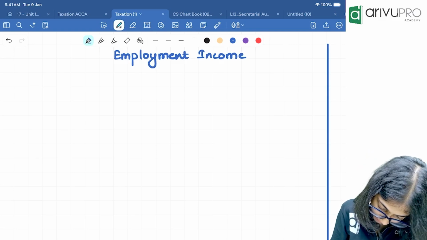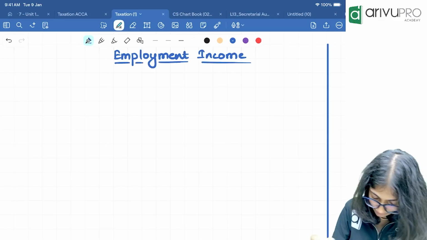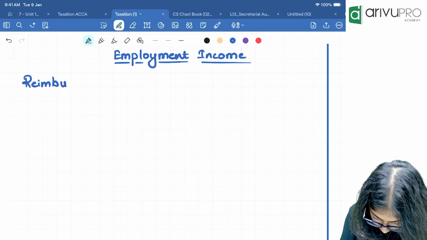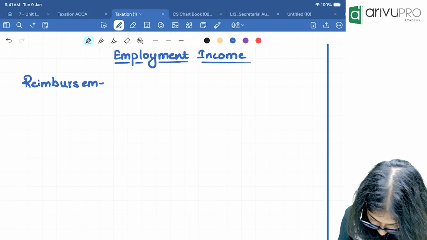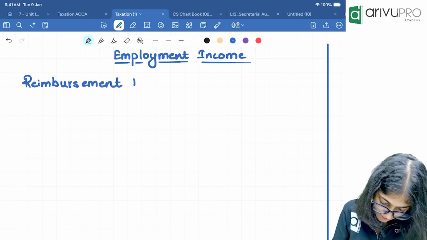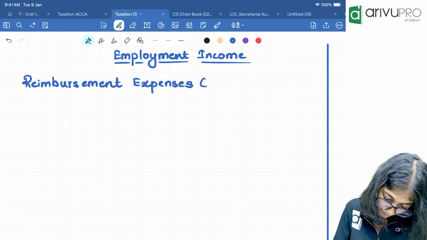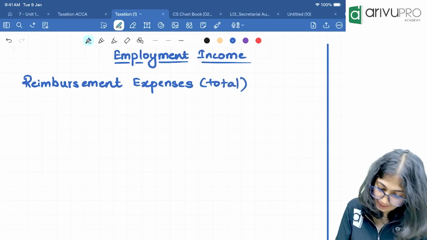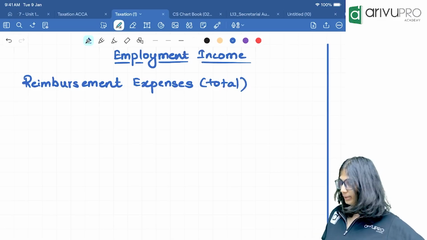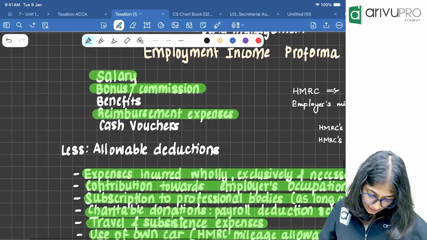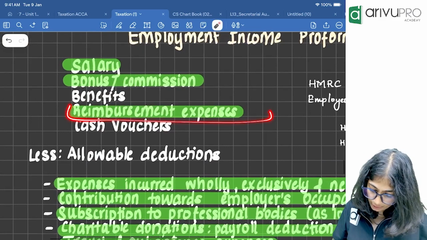How do we calculate? Reimbursement expenses I'm going to put here in total. The total amount I'm going to put in the income column, the top column, that is over here. Reimbursement expenses, I'm going to put the total amount.